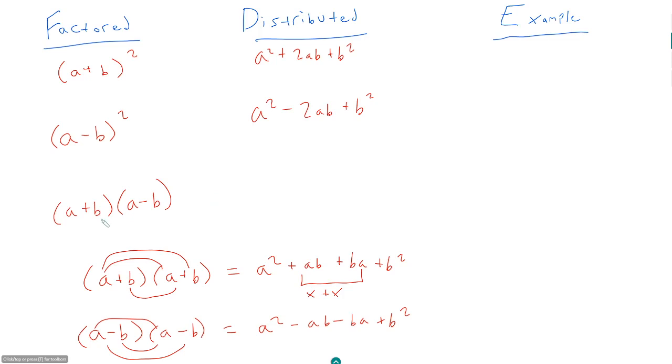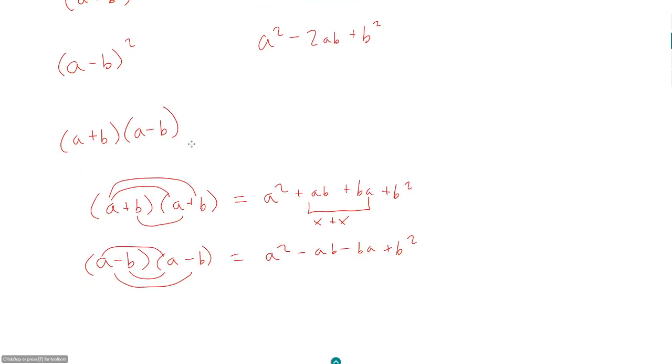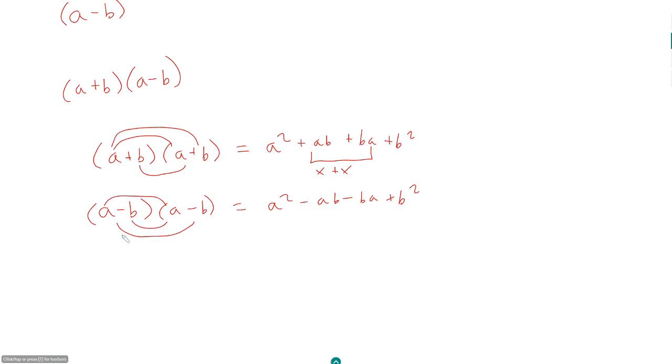What about our difference of squares? A plus b times a minus b. So this would be a squared minus ab, and here we would have plus ba. And then b times negative b is going to be minus b squared.